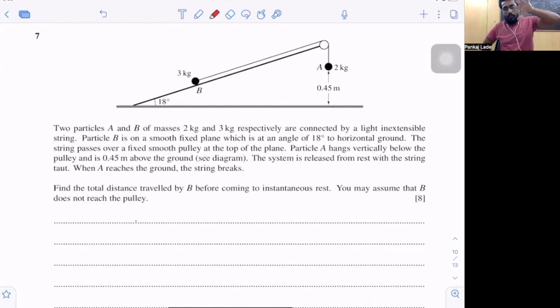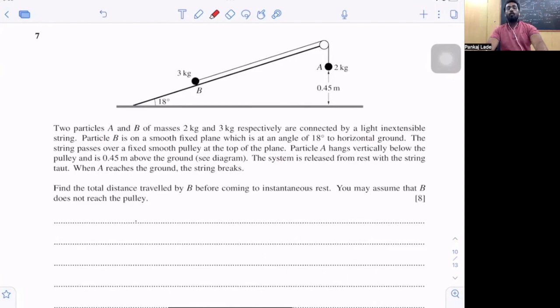It will stop somewhere in between, and from there it will start its journey backwards. But we are not interested in what happens when it comes back, because since there is no friction, it will keep on sliding down forever. So no point in discussing when it comes down. We want to start from the given position. It will go 0.45 meters, and from there it will continue its journey up.